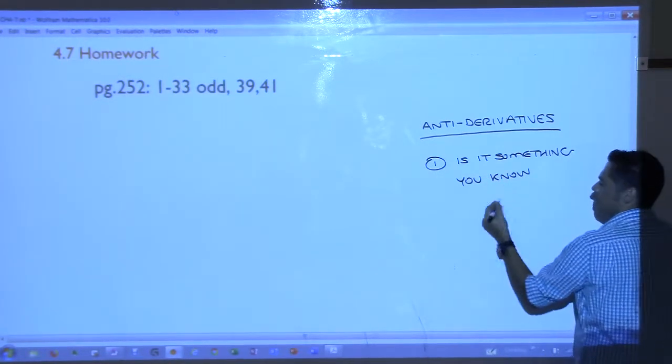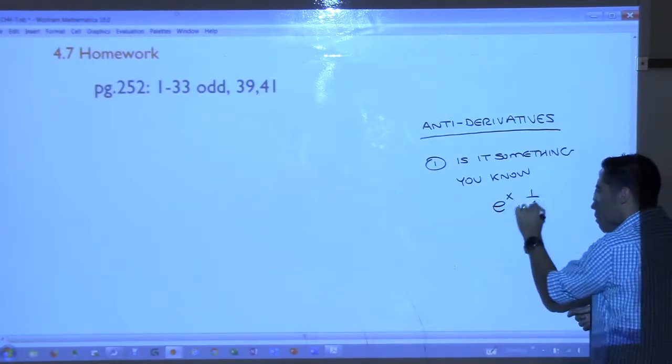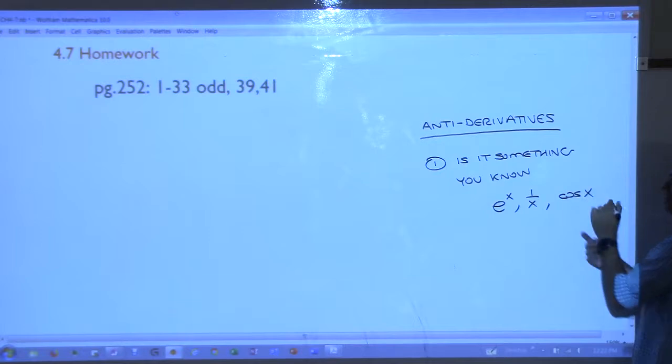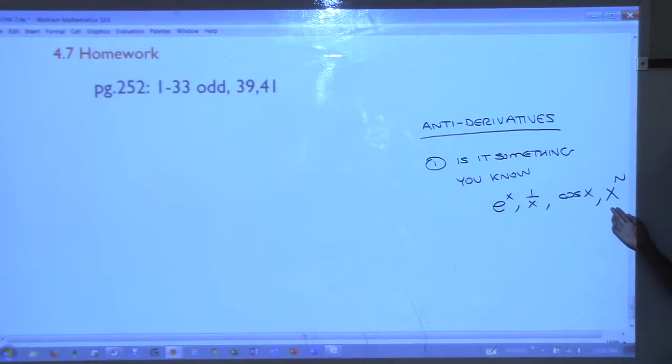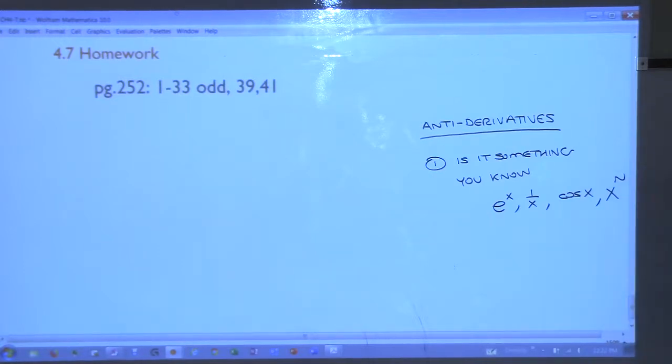Like e to the x. You should know what the antiderivative of that is. You should know 1 over x, cosine of x. These are things that you should know, right? Is it x to the n? Because you know there's a formula for that. So there's this whole category of things where we should be able to handle them.